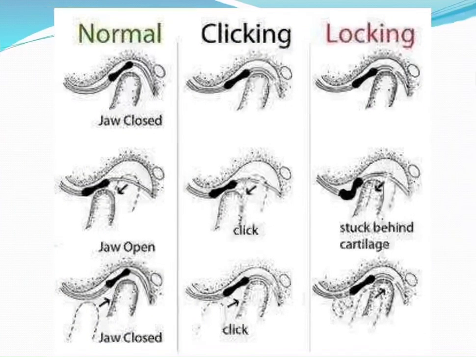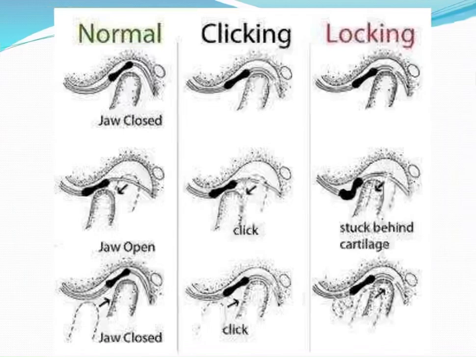As we see here, the normal function of the TMJ, the articular disc, as we see here, is not in a normal position when they open the jaw. The articular disc will extend anteriorly with the clicking, and it will go back to its normal position when you close the mouth.